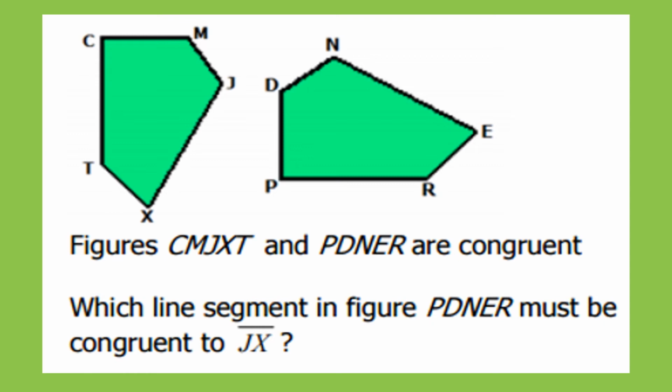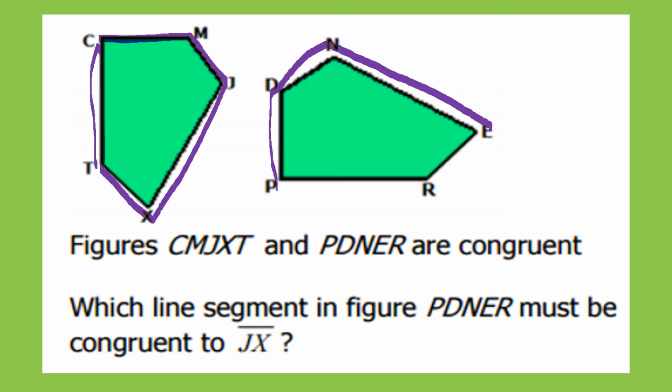Wow, that's a lot to name. And they name that by just the letters CMJXT. Okay, that's how they are naming this guy. And then we have PDNER. Those two figures are congruent. We know that because it tells us that in the problem.